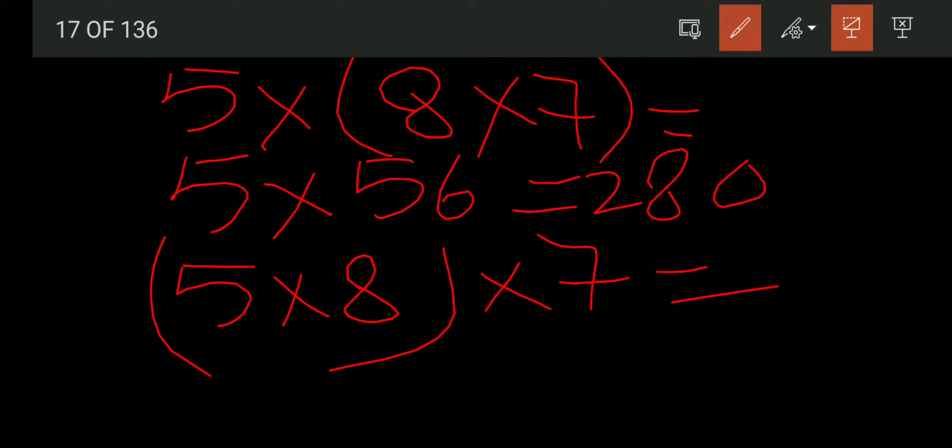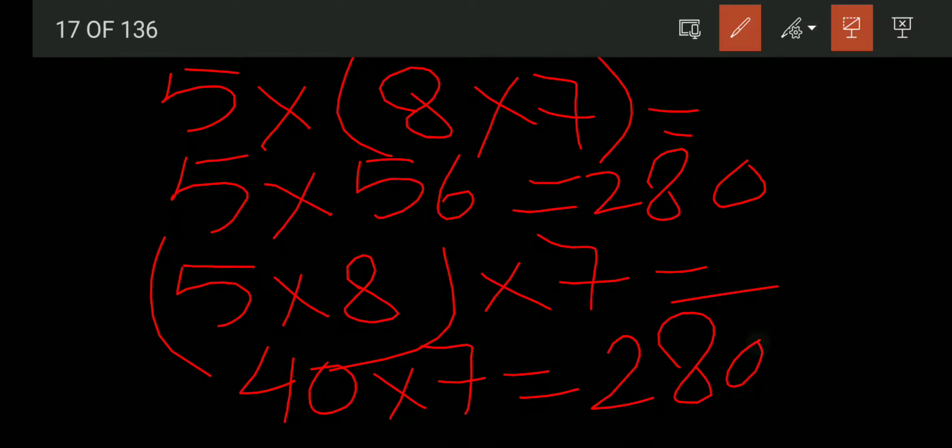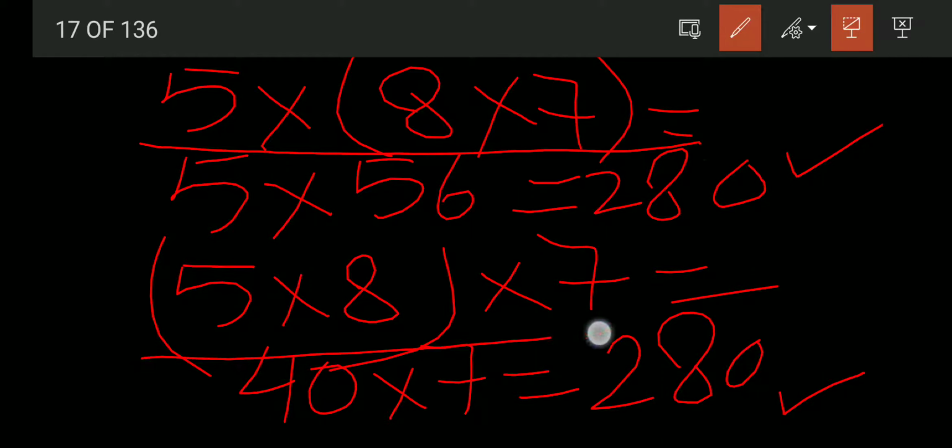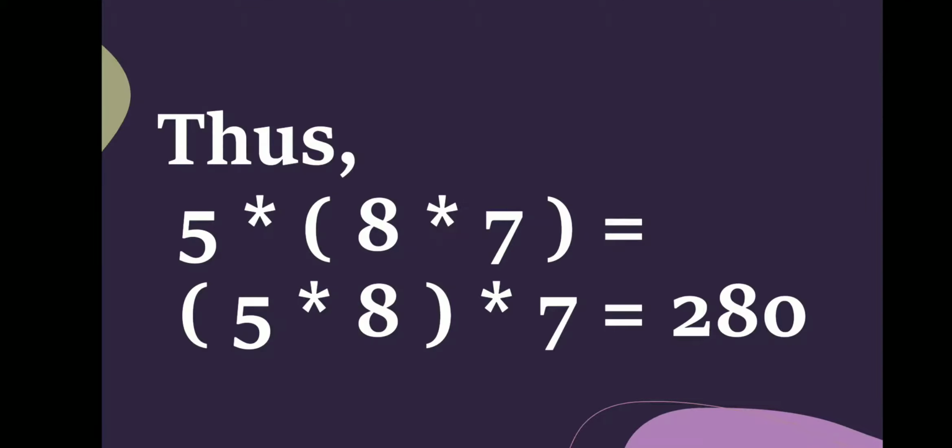What would be the answer? 5 8s are 40 into 7, that would be 280. So you can see 280, 280. Whatever be the arrangement, the product is not going to change. Means the way the factors are grouped does not change the result of multiplication. So this is the second property.